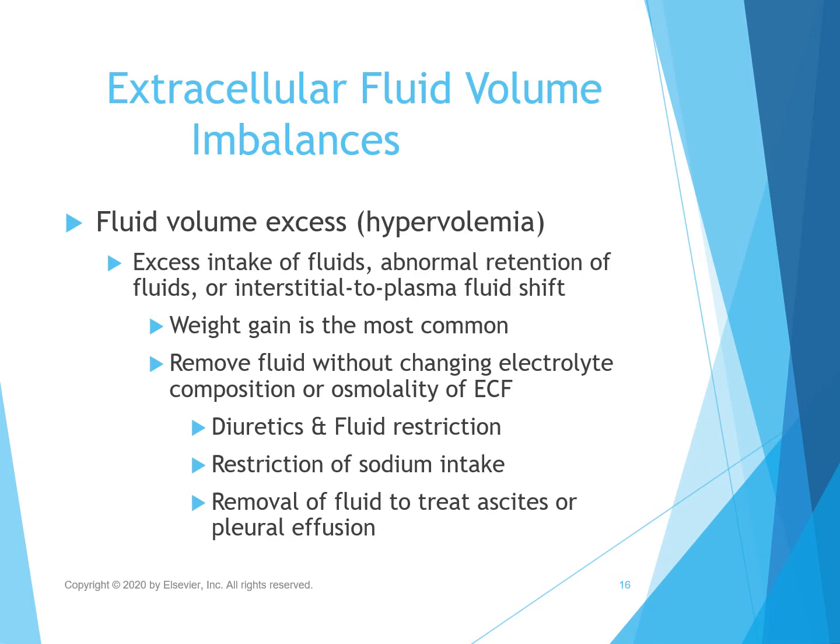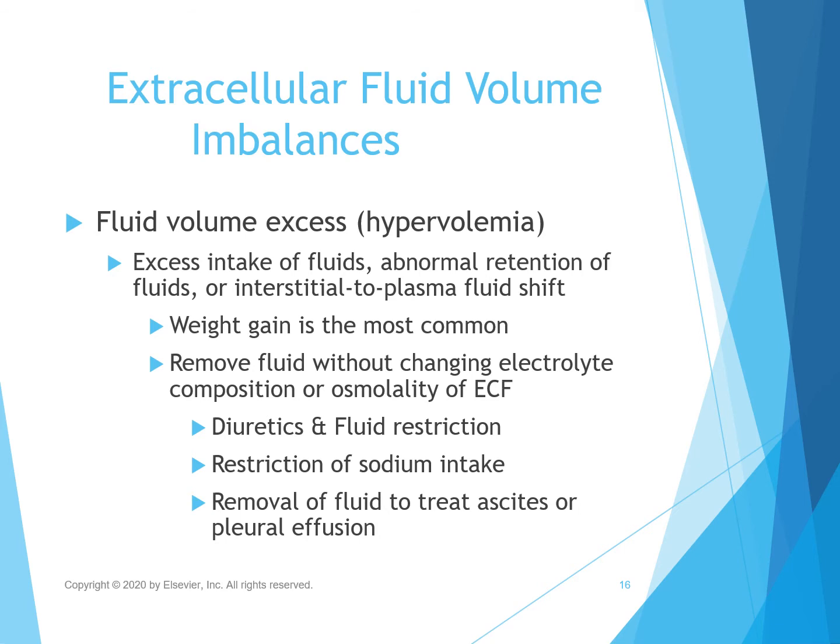Fluid volume excess, or hypervolemia, occurs for many reasons. It can have to do with abnormal shifts of fluid, or giving the patient too much fluid. Some of the most common things that we would do is put a patient on fluid restriction, perhaps giving them some diuretics, and that would help to eliminate some of that fluid volume excess.